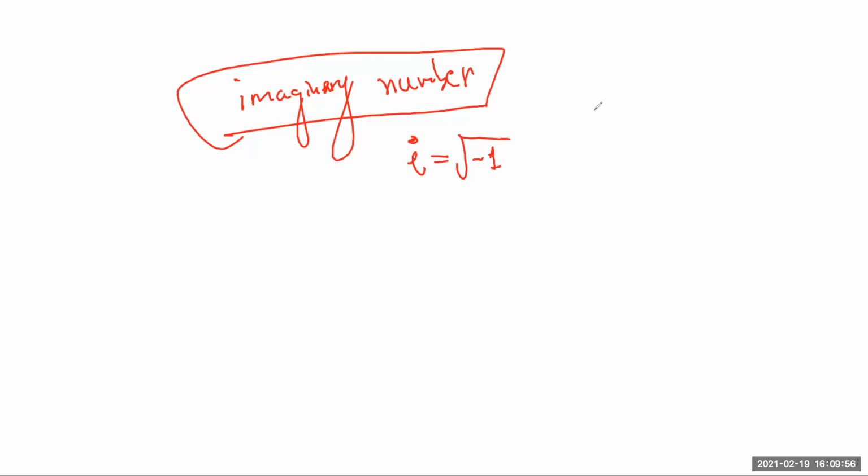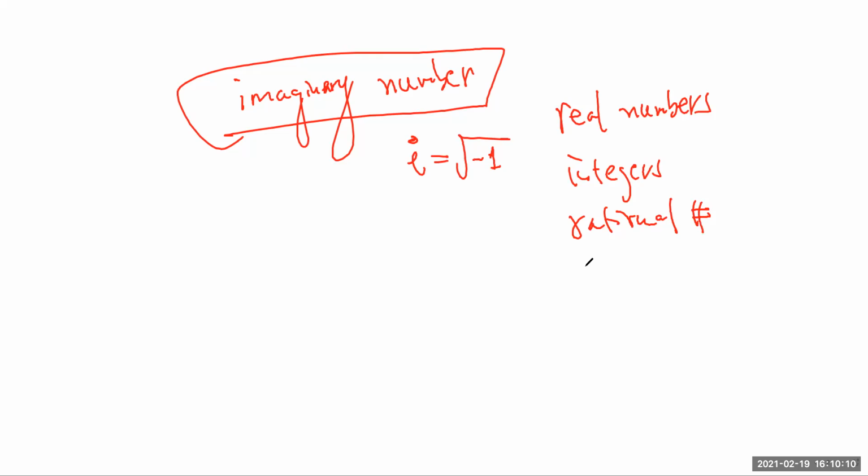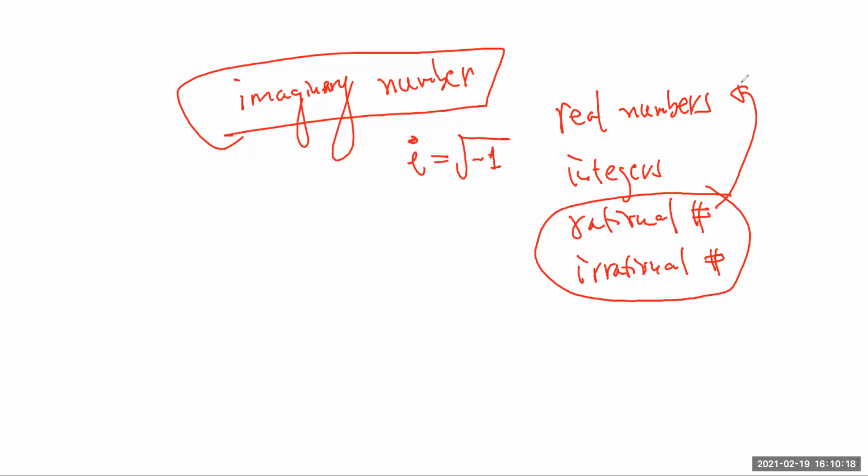The numbers we deal with in the real world are called real numbers. We have integers, rational numbers, and irrational numbers, and the rational and irrational numbers together are called real numbers.